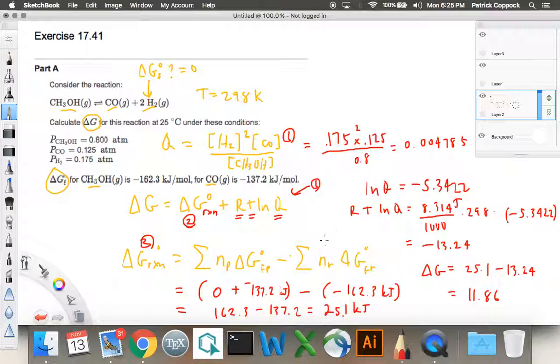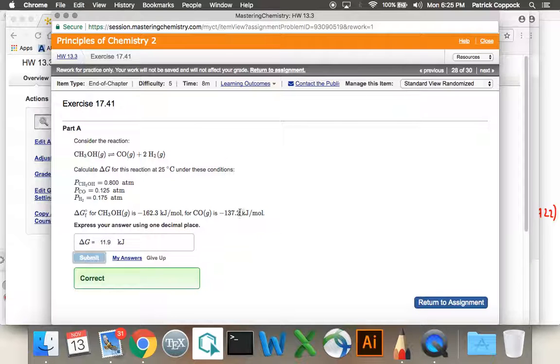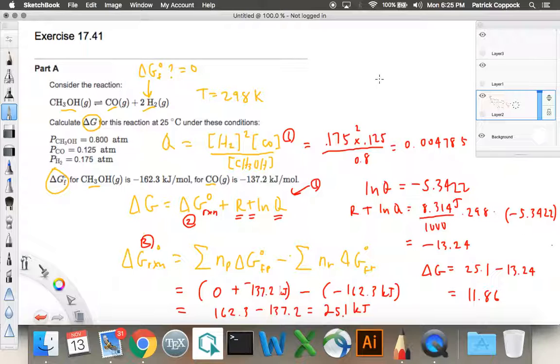Okay, so we'll go back over here and see. This was to 1 decimal place, so we'll say 11.9. Submit that, and we got it correct. All right, hope that's helpful. Just in review, we had a couple steps here.